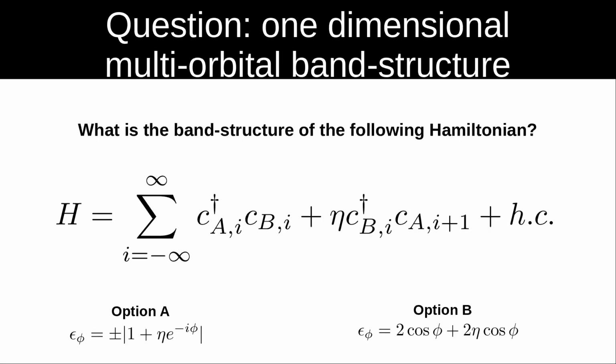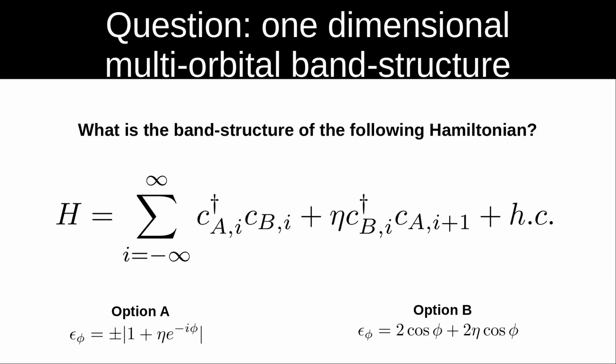Okay, good. So now we know how to go from a real space basis of a Hamiltonian with several orbitals per unit cell to the diagonal basis, where the Hamiltonian is completely diagonal. So now a question for you is, what would be the dispersion relation?